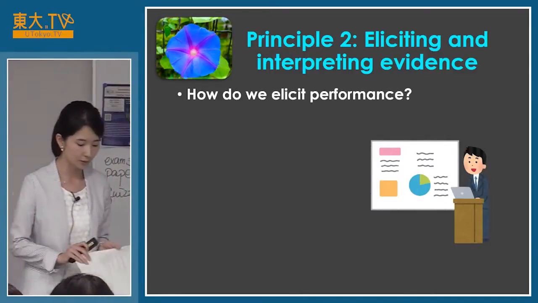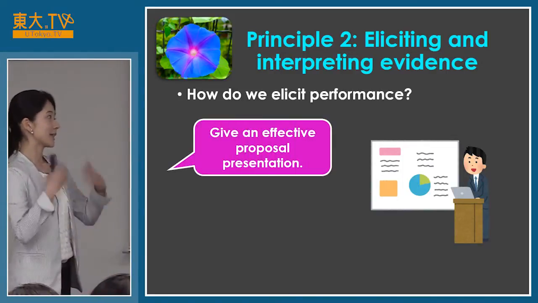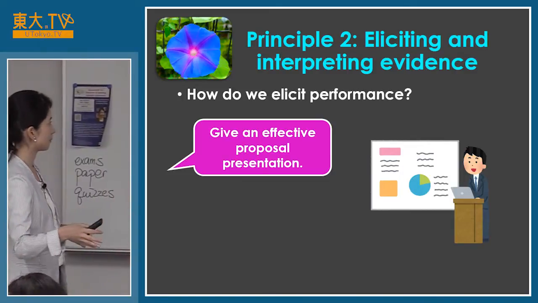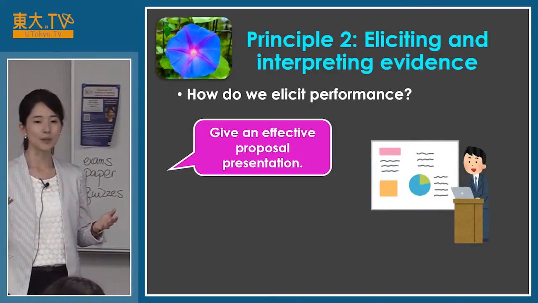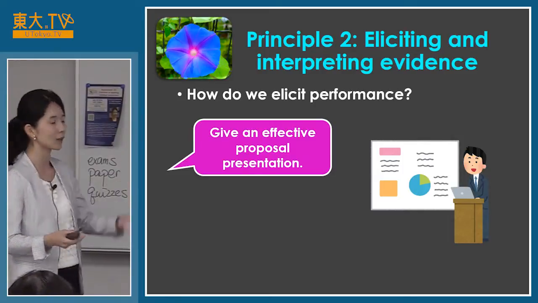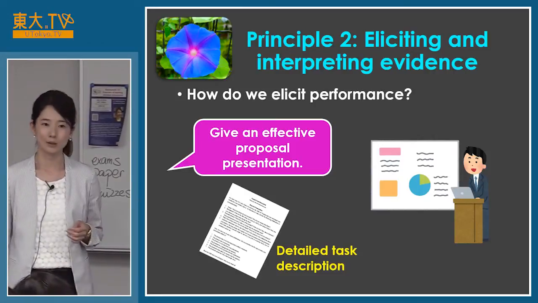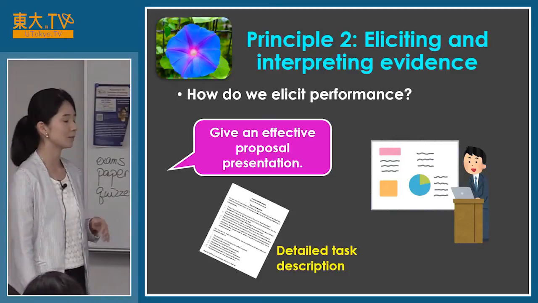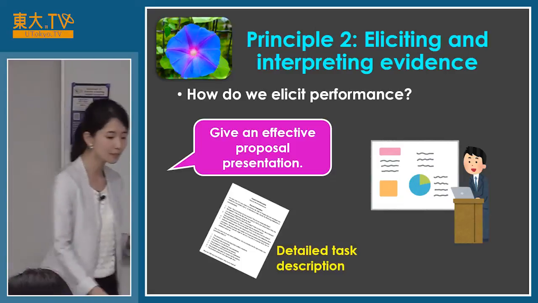If you go back to the example of giving a business presentation, we can simply say, go and give an effective proposal presentation, and it's possible that that's the only instruction you get before this assessment task. Or we can also give them a detailed task description if we want to help them learn and become able to achieve this final task of giving a presentation.